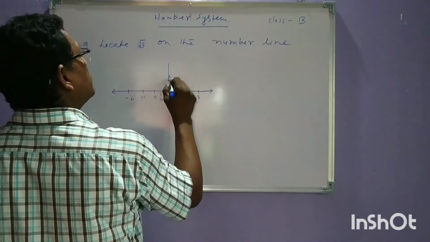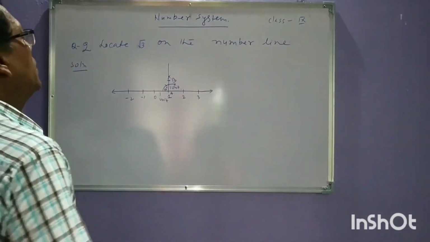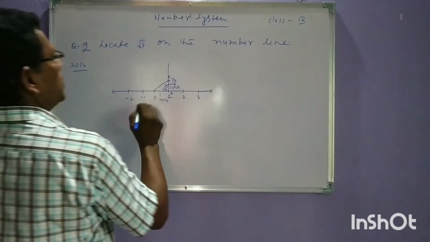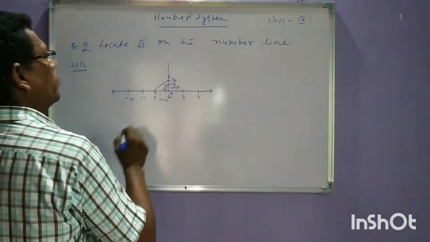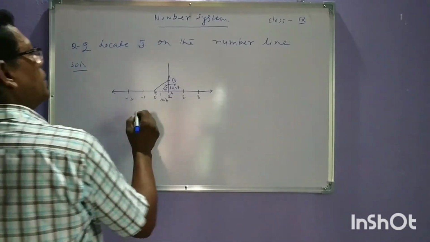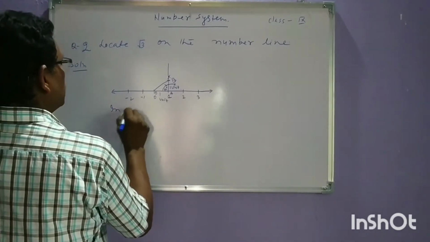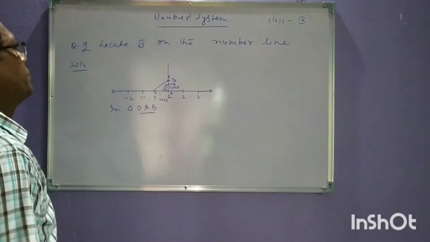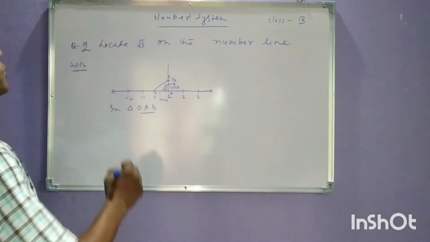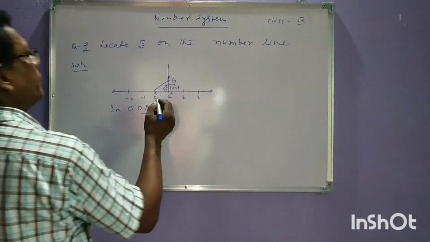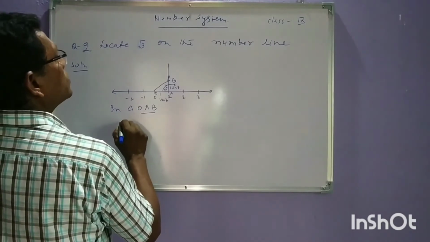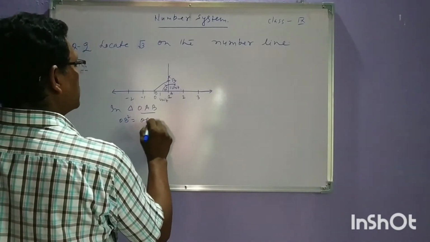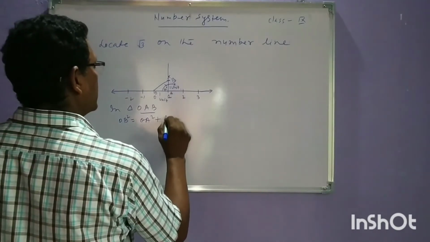This is point B. Now join OA. This is point O. So in triangle OAB, we apply Pythagoras theorem. The theorem says OB square equal to OA square plus AB square.